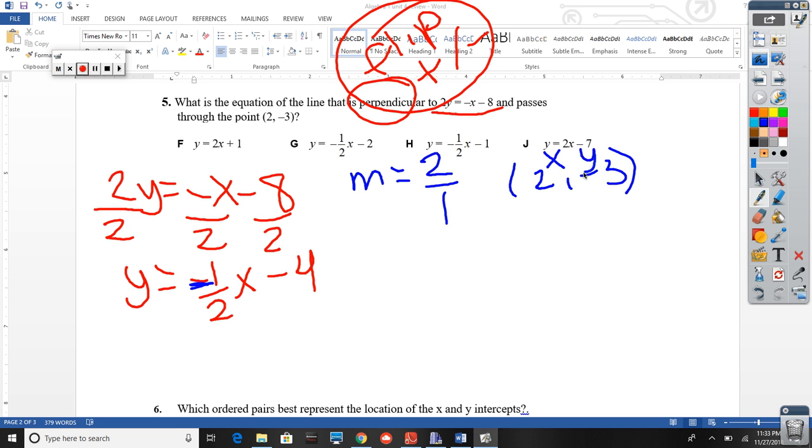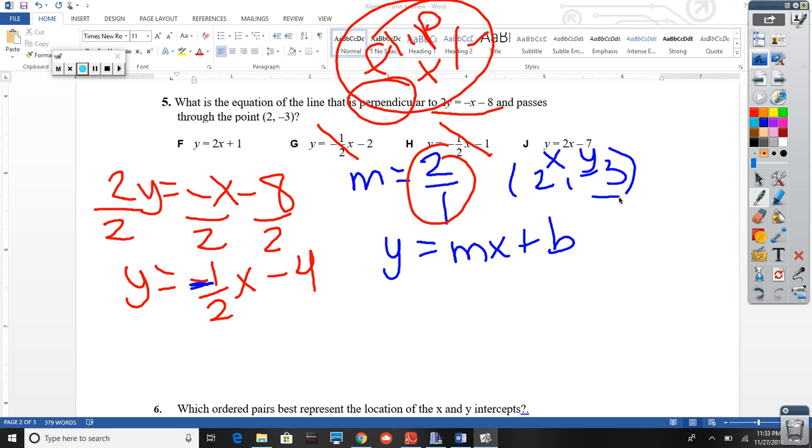Label it x, y. Substitute into y equals mx plus b. And notice that even before I work anything out, because I know that the slope is going to be 2 over 1, I can eliminate this negative 1/2 slope and this negative 1/2 slope. So I already have a 50-50 chance of getting it right, even if I don't finish it, right? But I'm going to finish it because we already know how to do this.